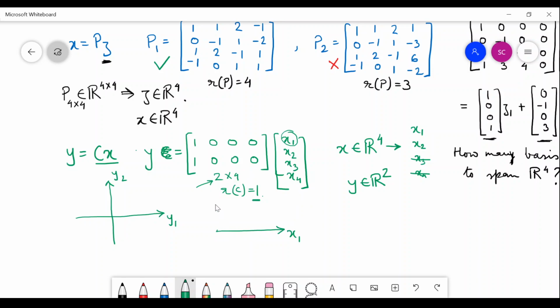So just simply take the x1 line. Whatever your value of x1, suppose x1 is this, that much is coming in y1 and that much is coming in y2. So your y vector, which is comprised of y1 and y2, is basically this one.